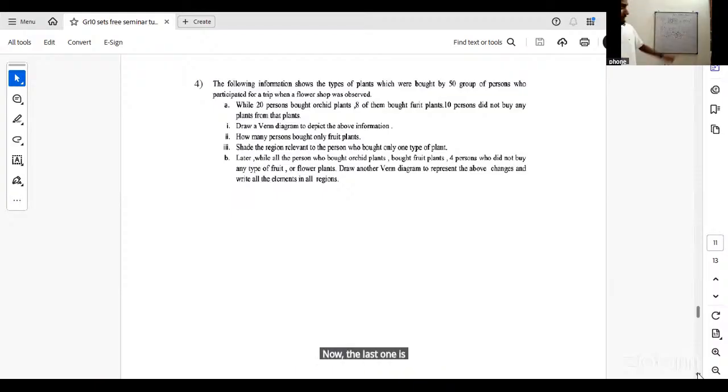Now we have to add everything. This x plus this 8 minus x plus this 10.